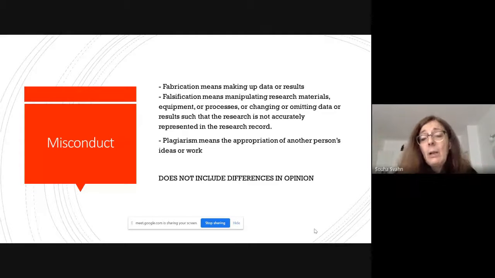Number 4, the experiment should be so conducted as to avoid all unnecessary physical and mental suffering. We cannot let our sample suffer or be injured. That's not ethical at all.